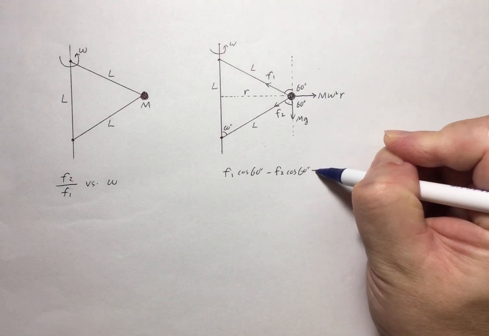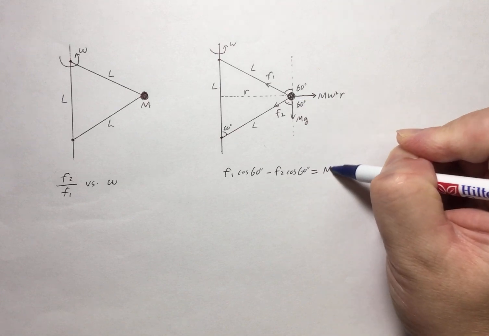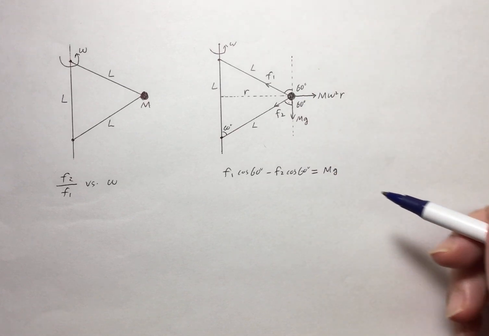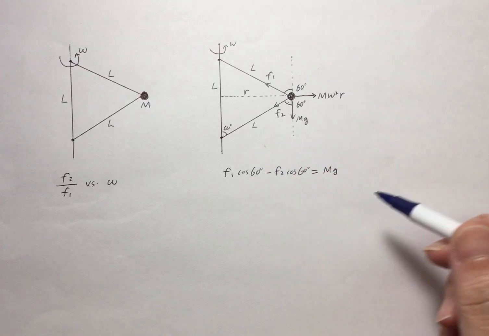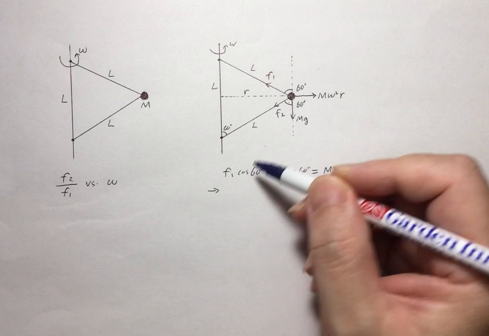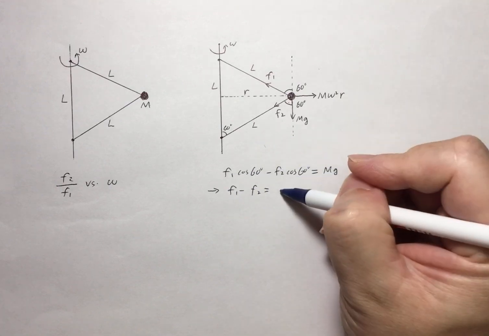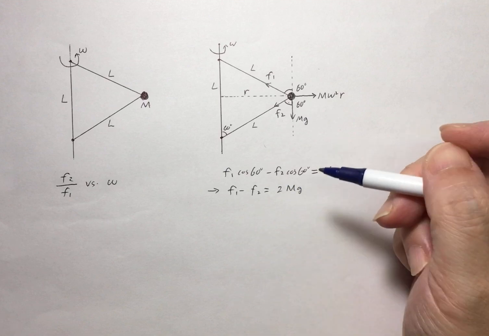So that equals the gravity force mg. This can be simplified, because cosine 60 degrees is half, so that becomes F1 minus F2 is 2mg.